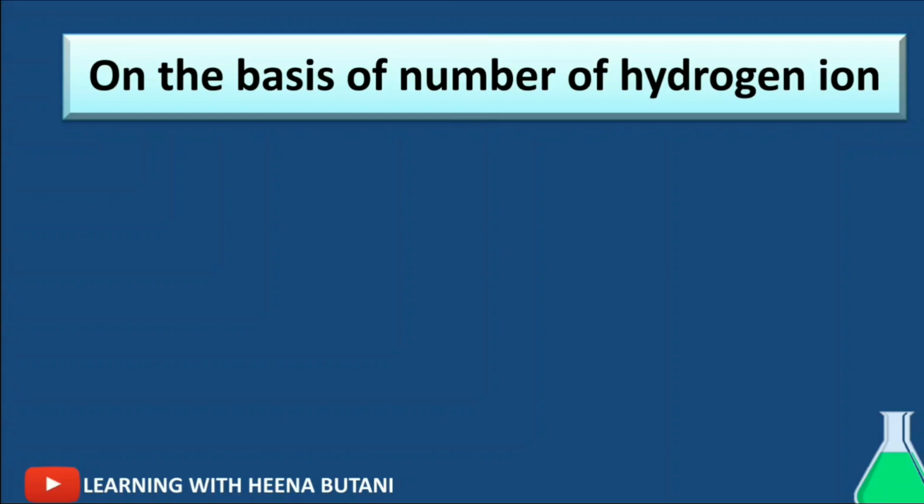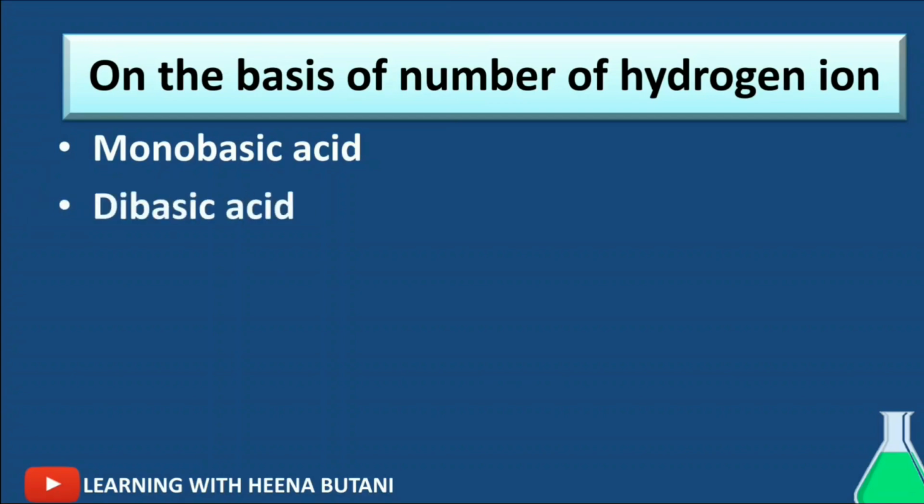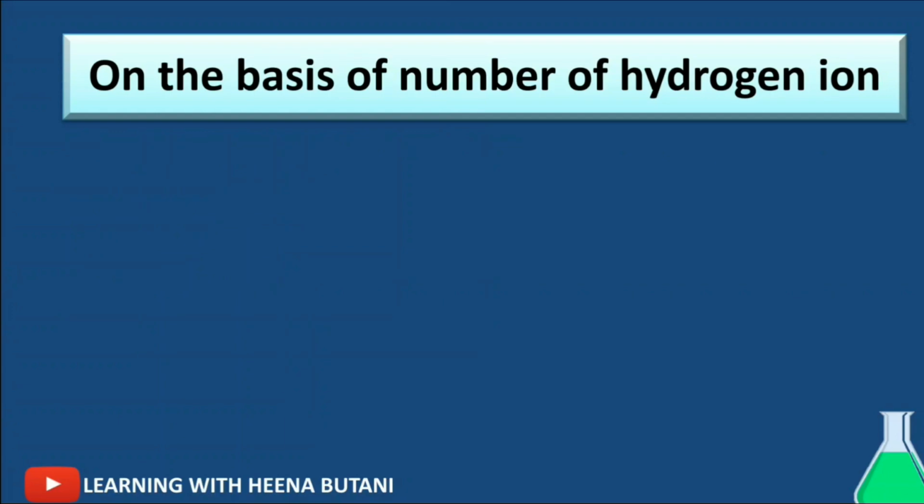One more classification of acid is there, that is on the basis of hydrogen ions present in it. On the basis of number of hydrogen ions present in 1 mole of acid, they are classified as monobasic acid, dibasic acid and tribasic acid. One by one we shall study. First of all, what is monobasic acid?